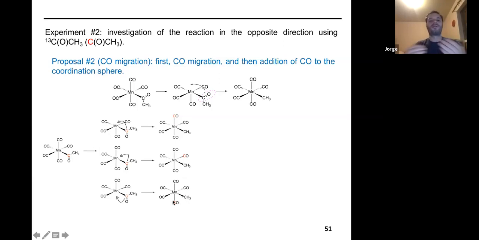And the fourth possibility, lose this carbon monoxide over here, creating a vacant site in that position, migration of the CO to that empty site, producing a complex where all the labeled CO is cis to the methyl group.